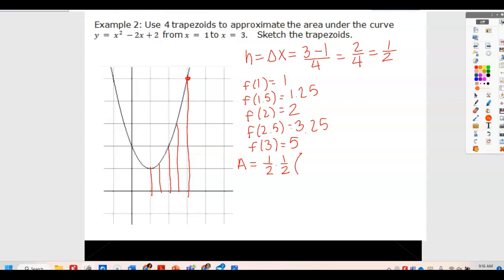So it'd be 1/2 times 1/2 times your first trapezoid, which would be from 1 to 1.5. So now 1 is at 1, 1.5 is at 1.25.